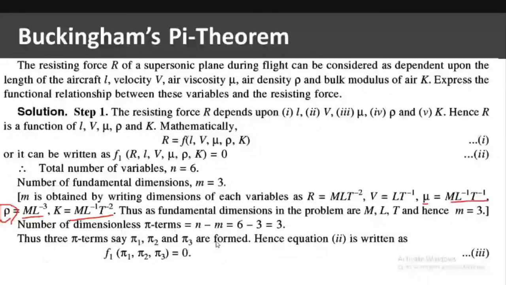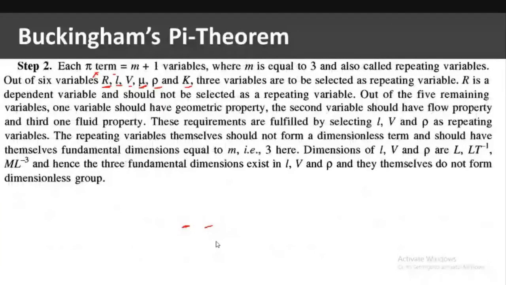After that, for each pi term there will be m plus 1 number of variables, and these m plus 1 variables will have m number of repeating variables. So the number of repeating variables is 3. How do we choose these repeating variables? One variable should indicate the geometry, the second should indicate the flow property, and the third should indicate the fluid property.